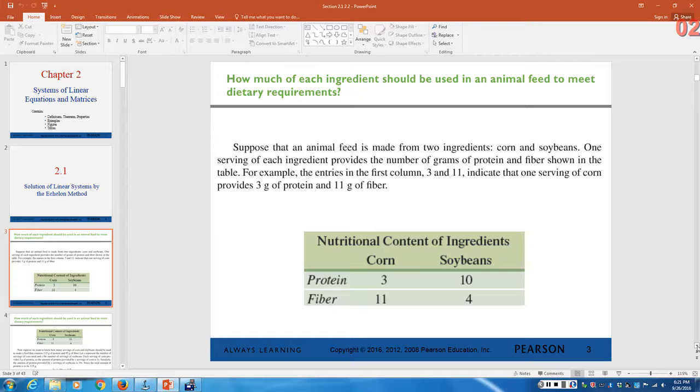So therefore, corn provides 3 units of protein and 11 units of fiber, and soybean provides 10 units of protein and 4 units of fiber. But for the farmer, he has to have a certain mix of protein and fiber, and he needs to know how much of those 2 grains to mix to get what he needs.